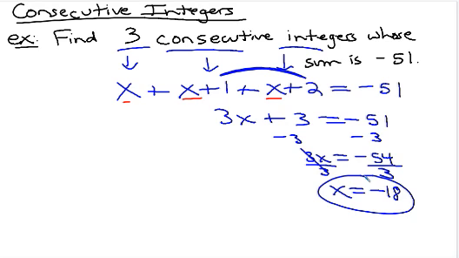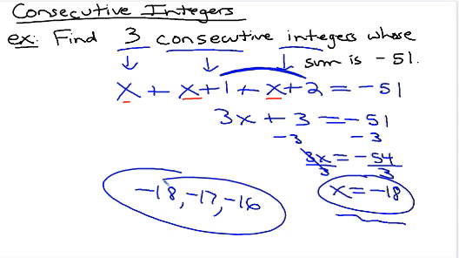So just count. Now, we need to make sure that we're counting the correct direction on the number line. -18 is the first one. The next one is -17. And then -16. There's my 3 consecutive integers. We used our equation to find the first one, and then we just counted after that.